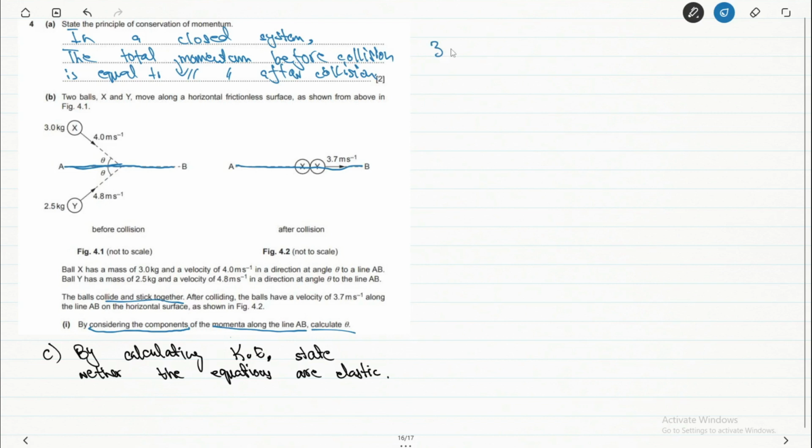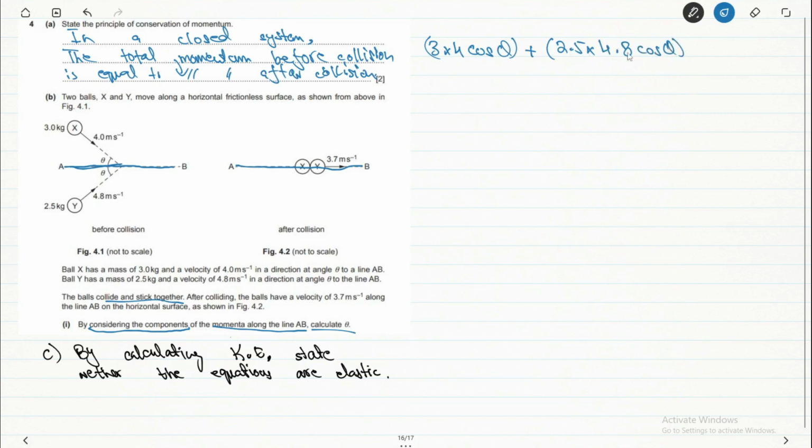Initial momentum is 3 times 4 cos theta, because that is the component of speed that is being applied, plus 2.5 times 4.8 cos theta.